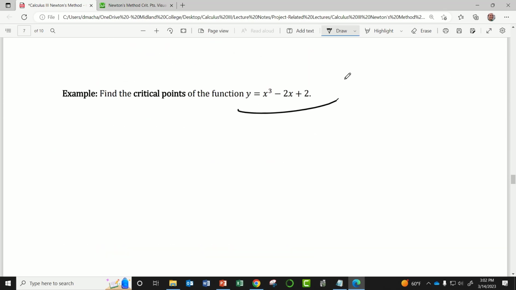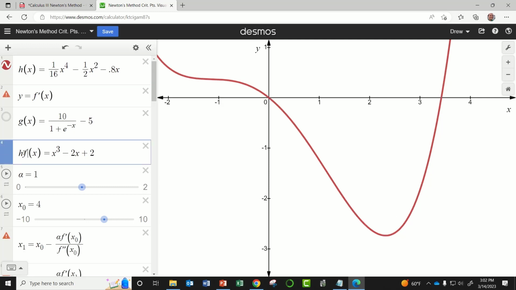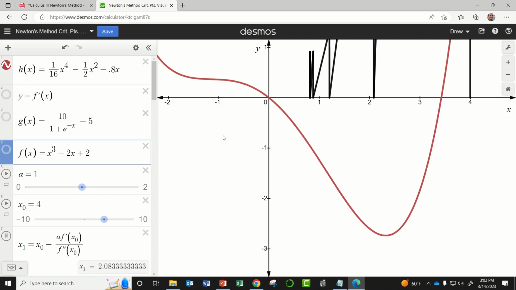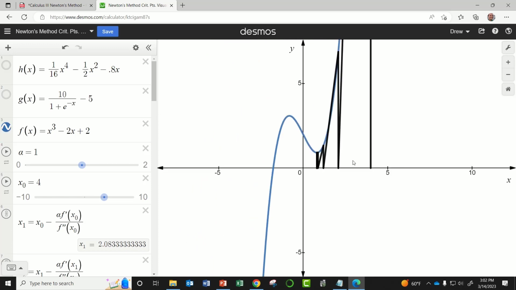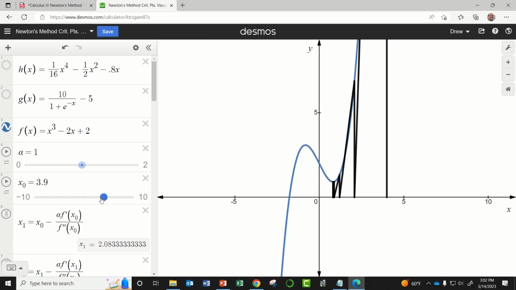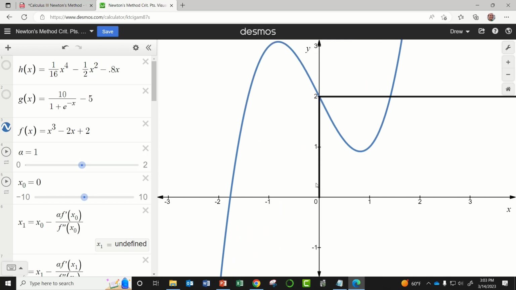We'll do one more example. So here's that function that starts with x cubed. We were looking at that just a moment ago. So there's my function. If I take an initial iterate of 0, that clearly fails.